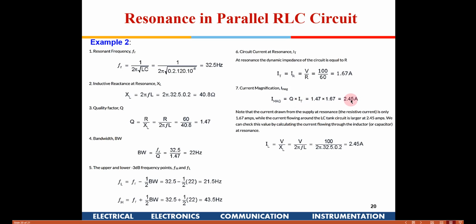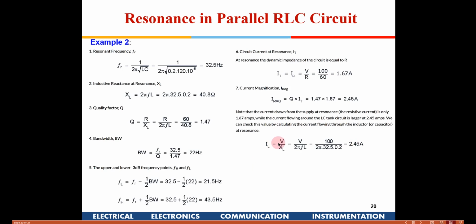So the 2.45 amperes will flow into the inductor as well as the capacitor, but they will be in opposite phase, so they get cancelled. That can be verified like this also. Where did I get 2.45? That is Q times IT. Or if I just compute the value V divided by XL at resonant frequency, again you will get 2.45.